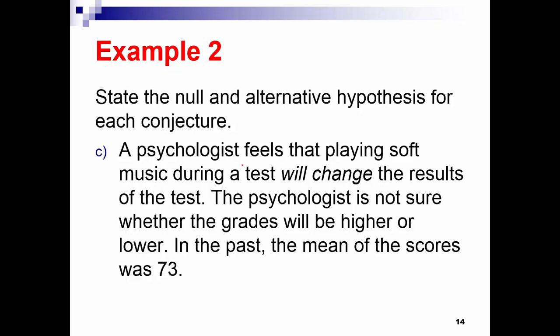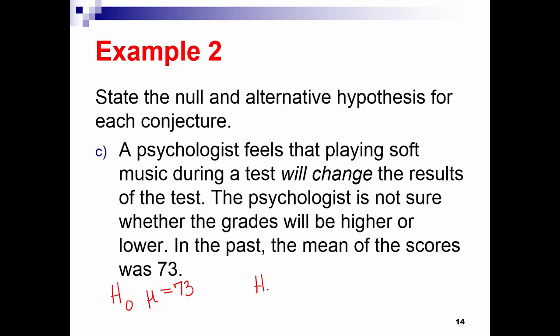A psychologist feels that playing soft music during a test will change the results, and the psychologist is not sure whether the grades will be higher or lower. In the past, the mean was 73. The null hypothesis is always what we know, so the null is that the mean is 73.